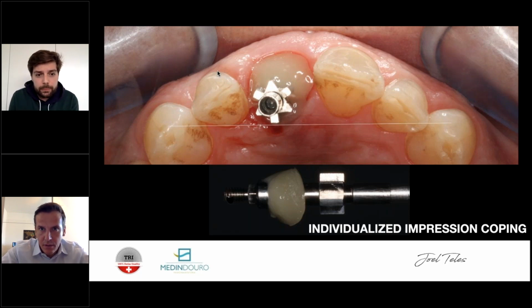I know you are just now explaining the impressions, but anyways, for the temporaries, there was a question: do you ever splint the provisionals to the neighbor teeth? No, never, ever. One thing or the other. If I don't have enough torque, yes, but I will not screw them into the implant.